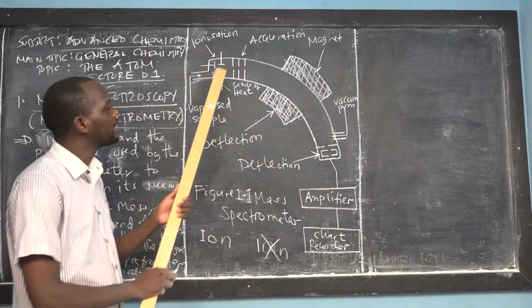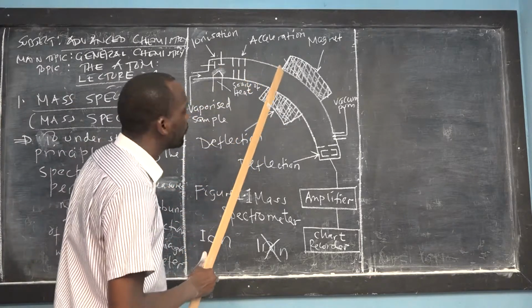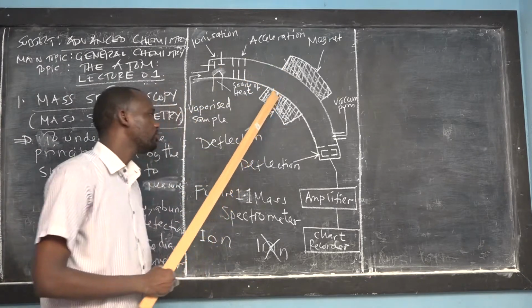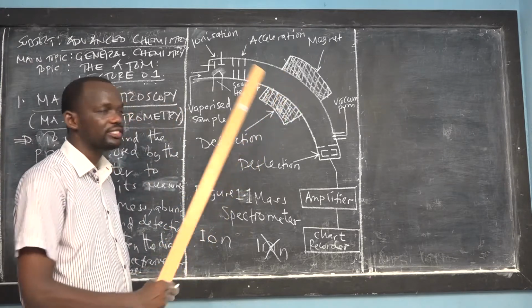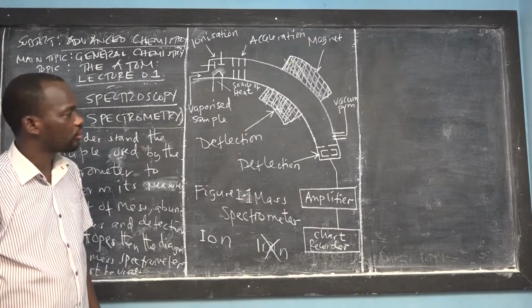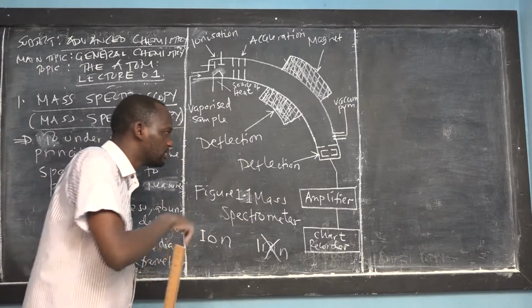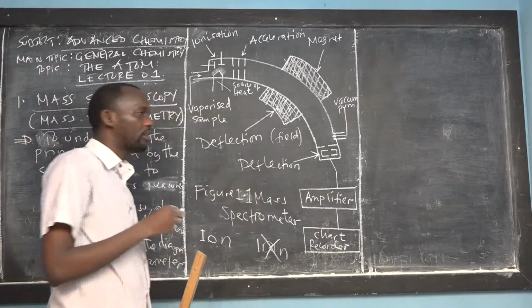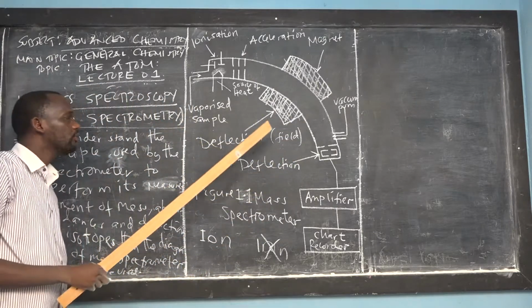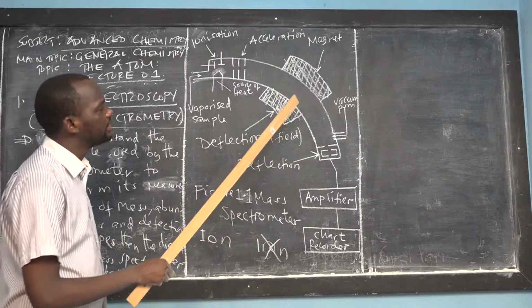When accelerated, that ion now reaches this part, which is called the deflection point, and in some books we call it the deflection field. So be familiar with that. When it reaches the deflection field, what happens here?